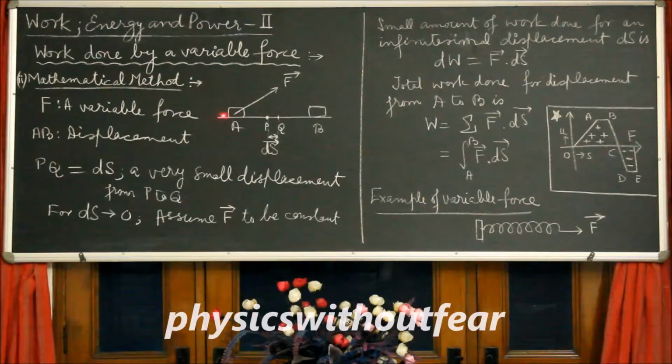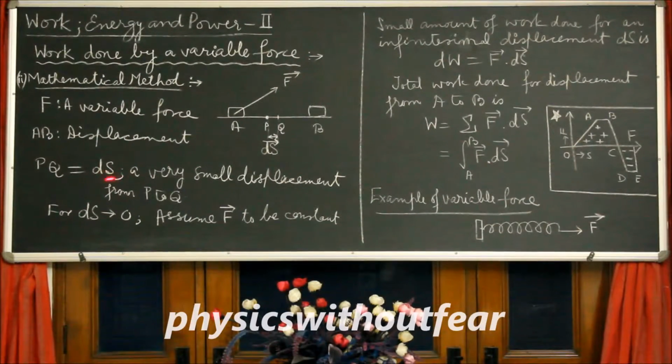Here again, in order to calculate the work, we divide this total displacement AB into a large number of small parts between A and B. PQ represents one such small part.